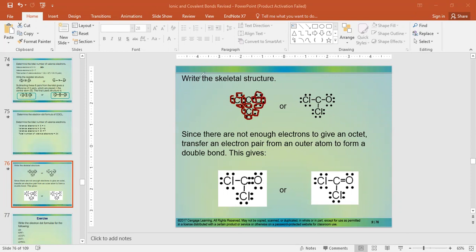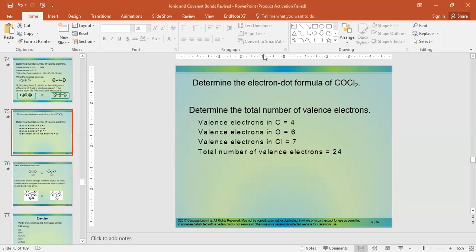Now, 12 pairs constitutes a total of 24 electrons. So how many valence electrons do we have? We had 24. You can see from here, we had 24. But we have already used all of them.